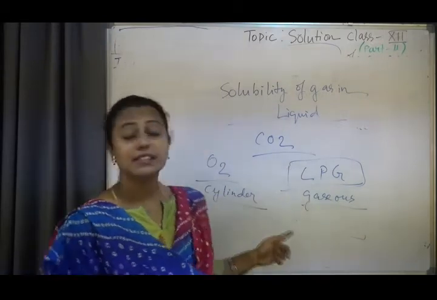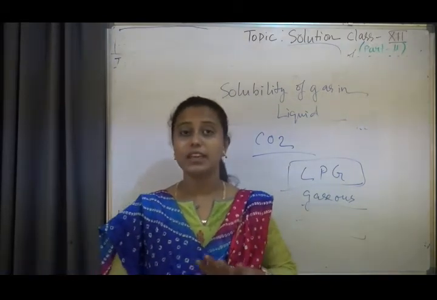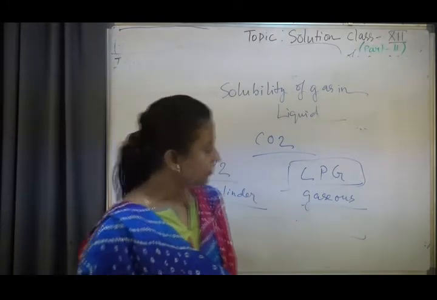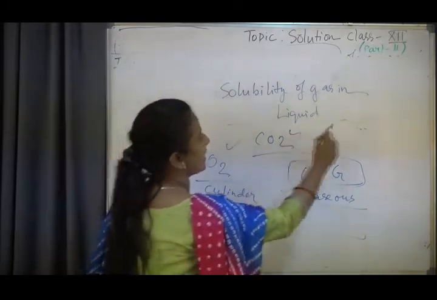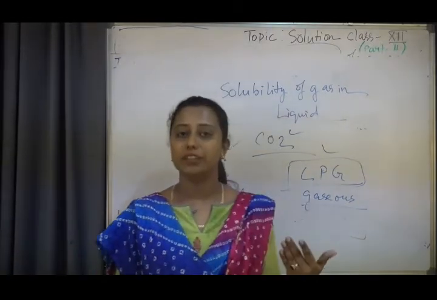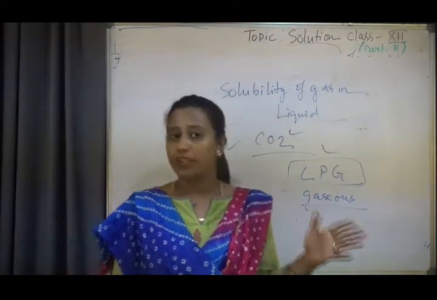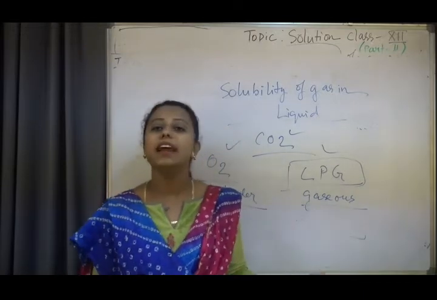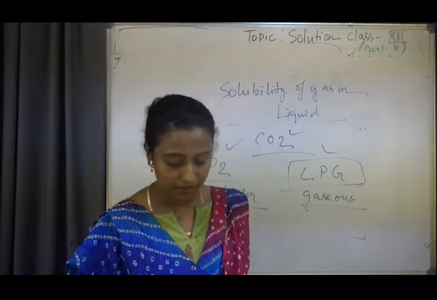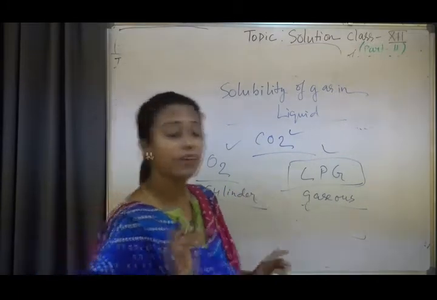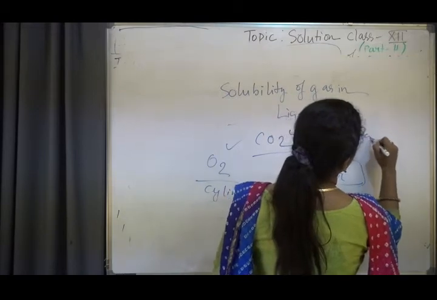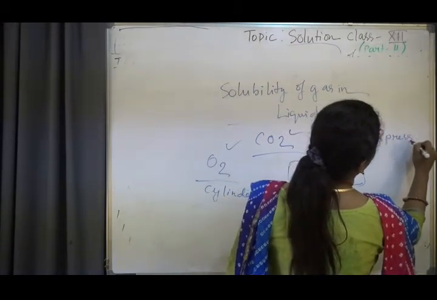This liquid is then inserted into the oxygen cylinders to provide to the patients. So these gases are generally found in the gaseous form, but they are liquefied. Under what conditions? The conditions are high pressure and low temperature.